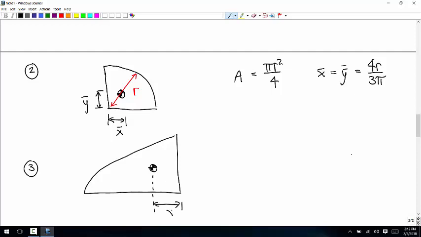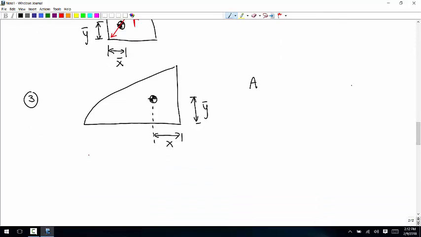That's x bar. That's y bar. I need to give dimensions. So the horizontal length is h, and the vertical is a.